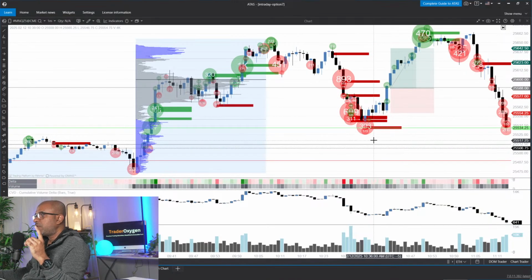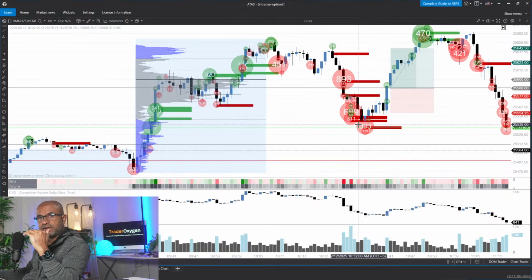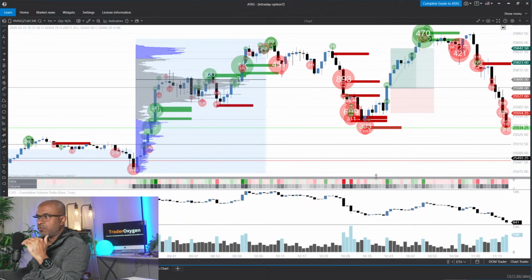Also you can see why we did not enter a trade in this area, even though it's making wicks and printing bullish candles: the cumulative volume delta is still bearish. When the cumulative volume delta is bearish, there's a chance the price may not stop here, and this retracement can go further down.